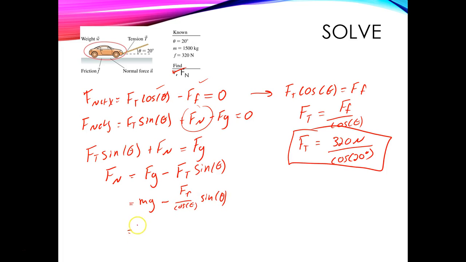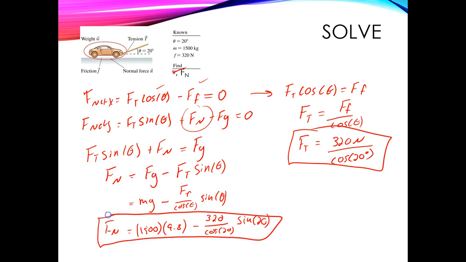We can go ahead and plug in our numbers, and we have 1,500 kilograms times 9.8 minus my frictional force of 320 newtons divided by the cosine of 20 times the sine of 20, which is going to give you what that normal force is here.